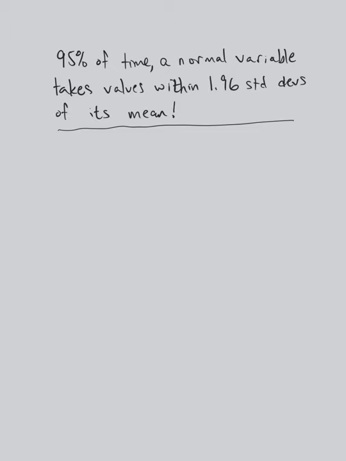Okay, think about what that means. We've talked about being within 2 standard deviations of a mean, and that gives the usual range. Okay, and so the idea is that we have mu plus or minus, and we usually say 2 standard deviations, so we multiply that standard deviation by 2, but now we're saying 1.96.